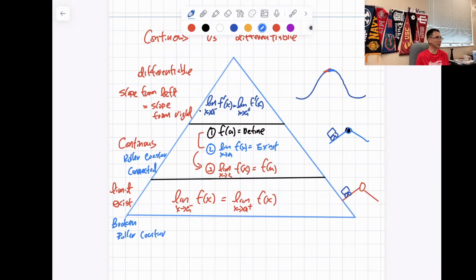Because if you look at a microscopic point on a track, from the left and the right, it should be very similar to each other. They're not going to be the same, because if it's a horizontal line, it always stays the same. No, that's not what we're looking for, because if you ride a roller coaster like that, it's no fun.